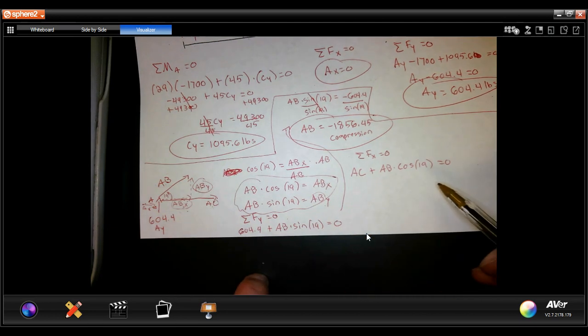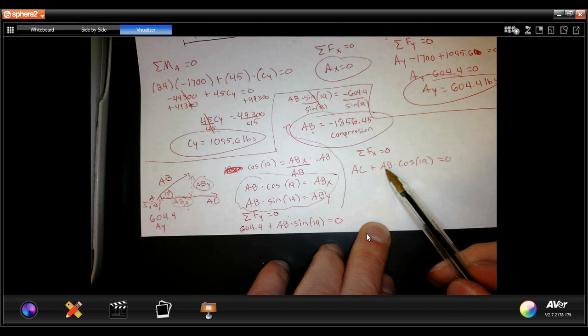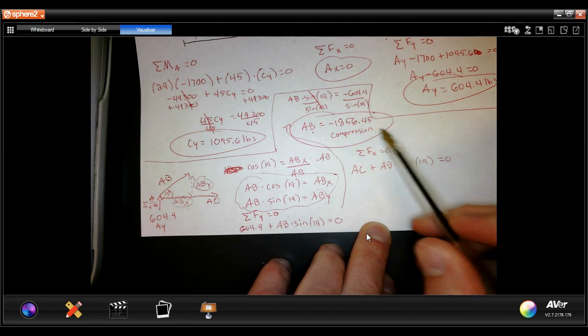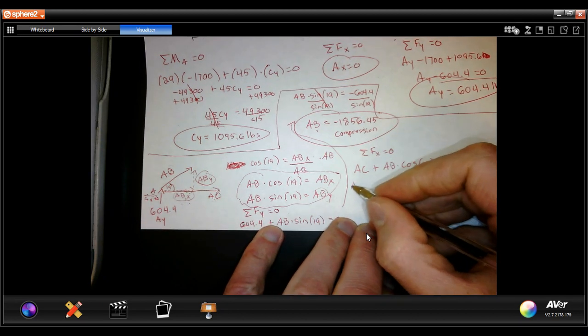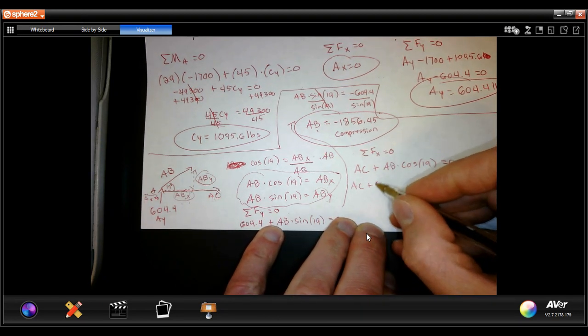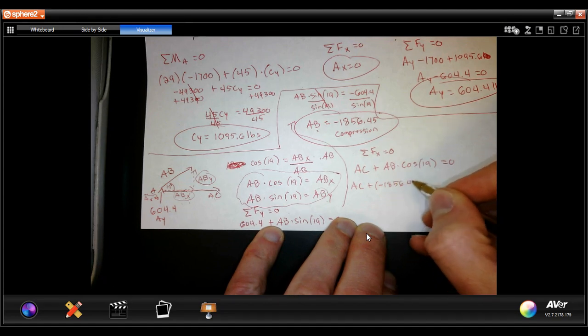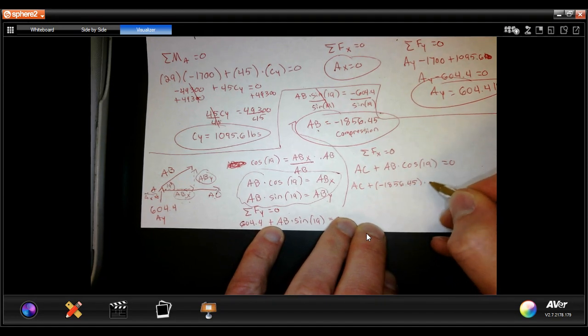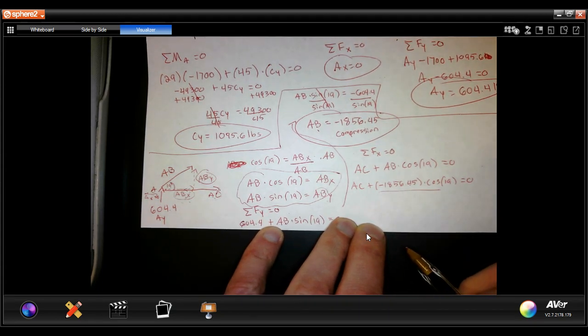Now the next thing we could do is we already know what AB is. So AB, this is a force. We know what that is. It's that right there. So we could replace that: AC plus a negative 1,856.45 times the cosine of 19 is equal to 0. This is just going to equal a number.